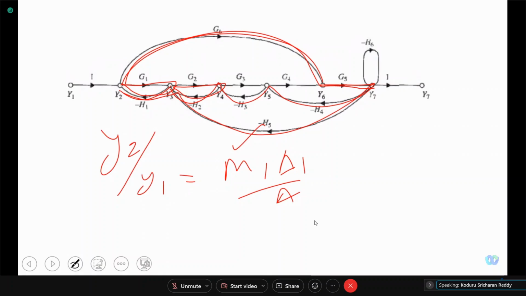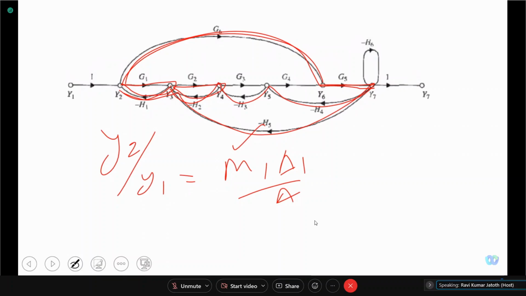So there are 2 loops at Y3. Y4, only one loop. So 3 plus 2 plus 1, 6.